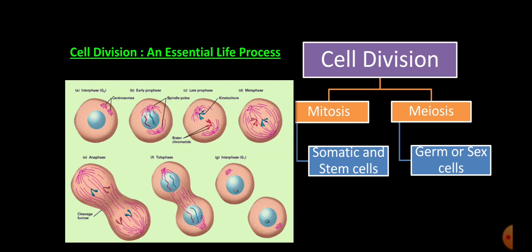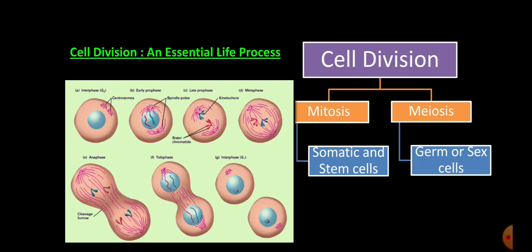During fertilization, when the male and female gametes unite together, haploid and haploid, again they form a diploid zygote, and thus a new organism is formed.